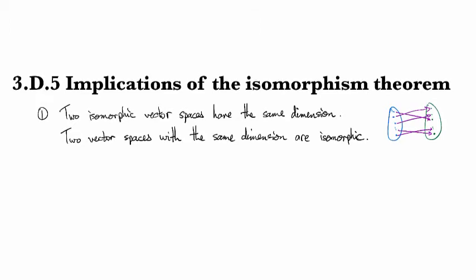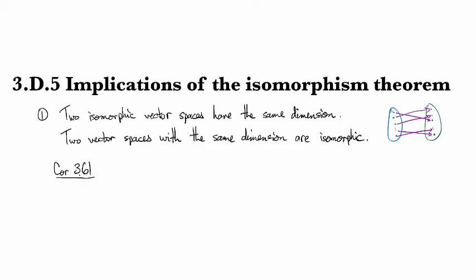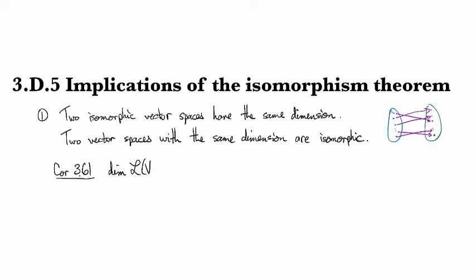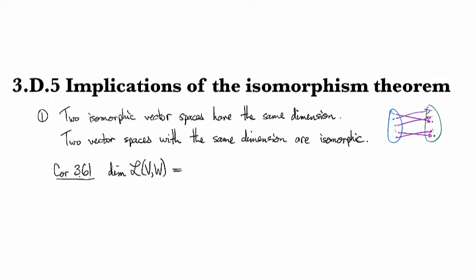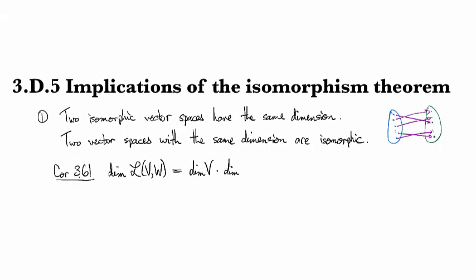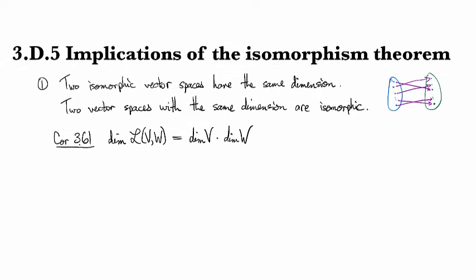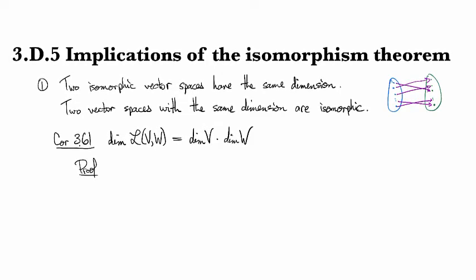So one implication of this idea is given in corollary 361, in which we have that the dimension of the space of linear transforms from V to W is the same as the dimension of V times the dimension of W. And so the proof goes as follows.